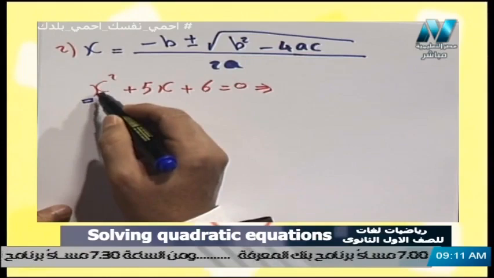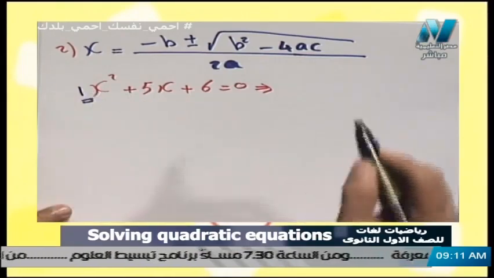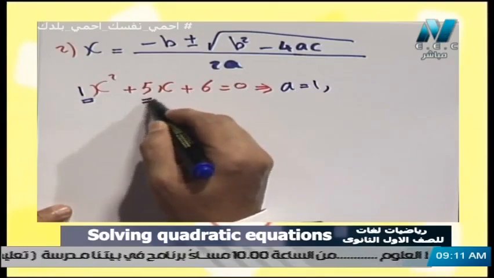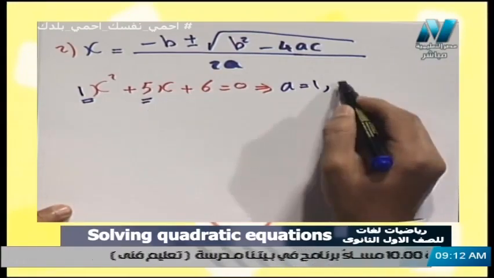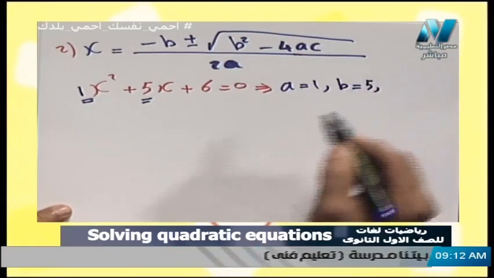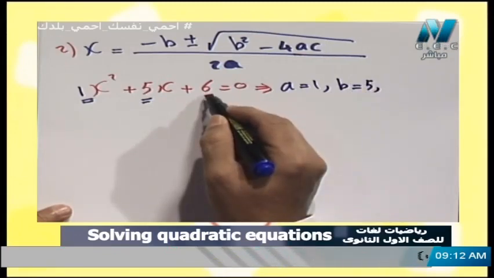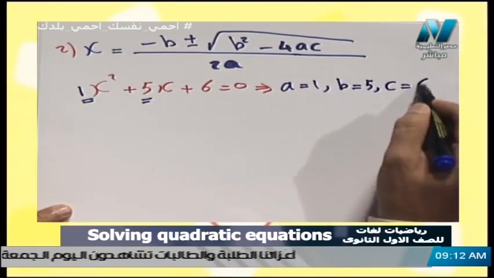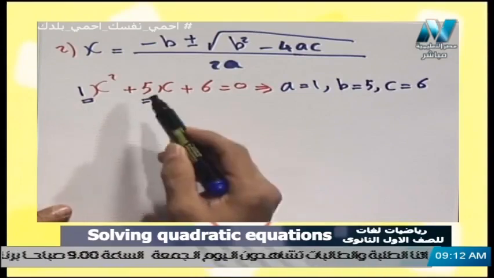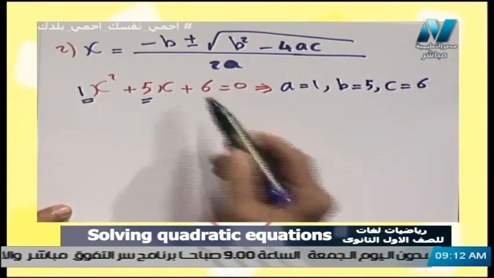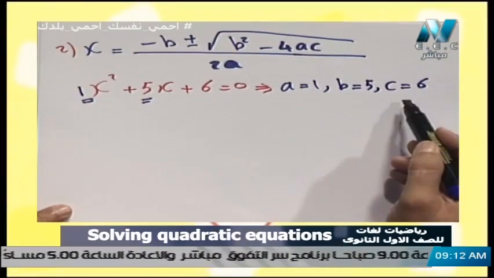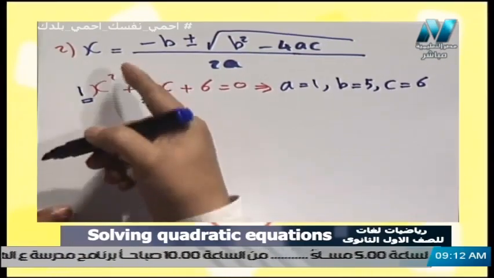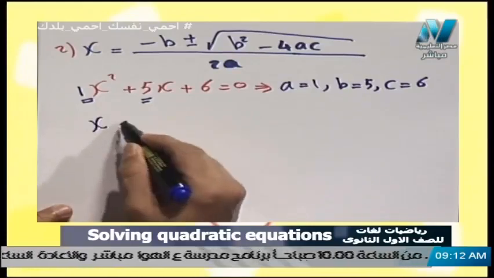What is the coefficient of x power 2 here? It is 1, so a equals 1. And b is the coefficient of x, so b equals 5. And c is the absolute term, which is 6, so c equals 6. A equals 1, b equals 5, and c equals 6. And we will substitute here by a, b, and c. So to solve this equation, we put x.